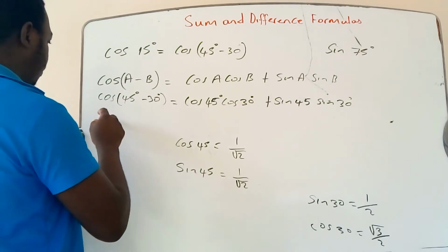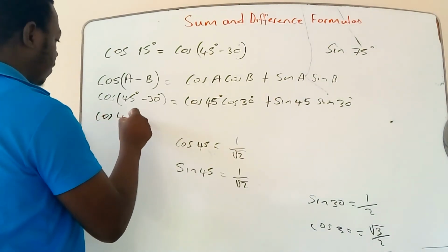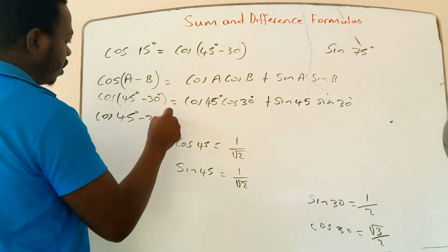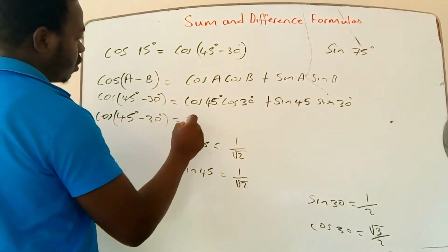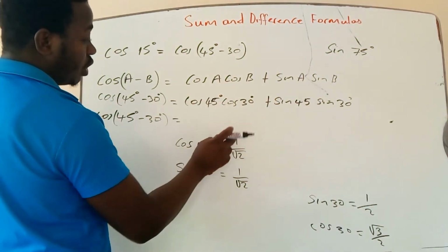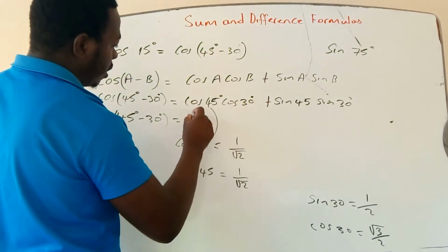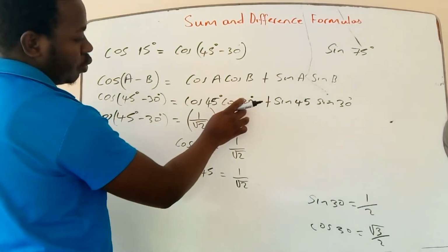So we know that cos of 45 degrees minus 30 degrees is therefore equal to cos 45. What is cos 45? Cos 45 is just 1 over root 2, times cos 30. What is cos 30?